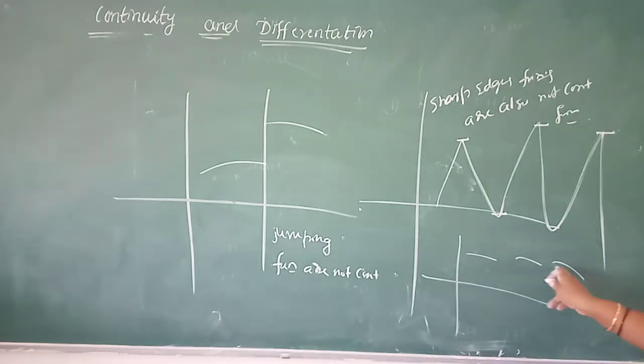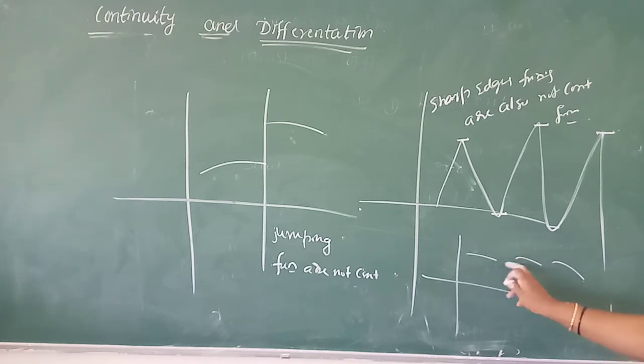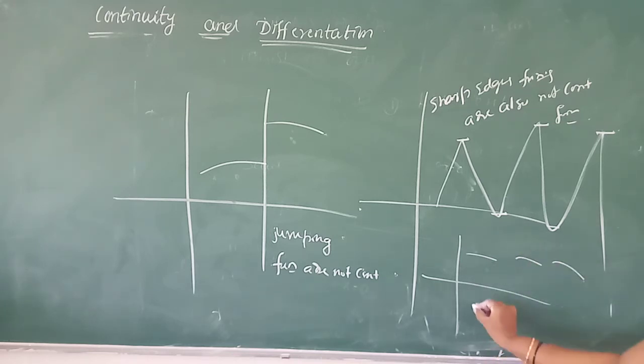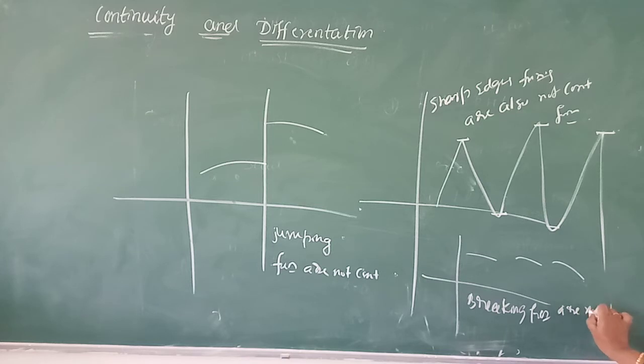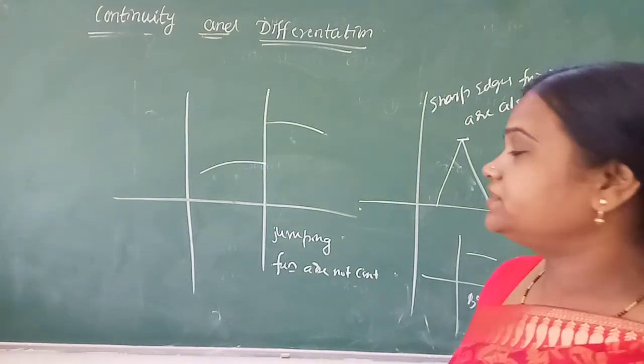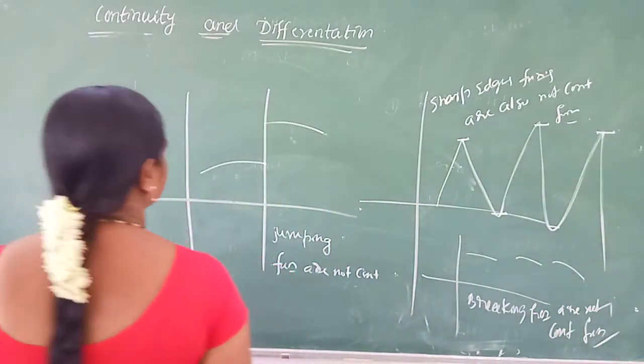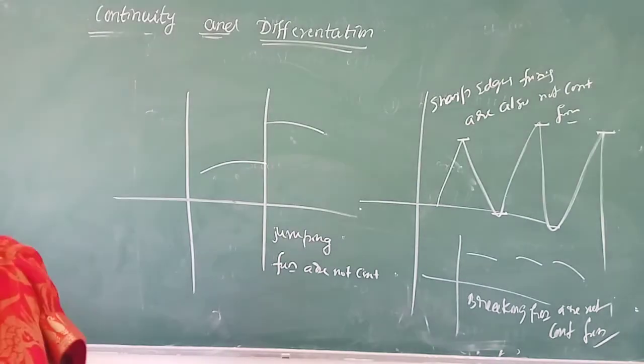Next, see the graph of this function. Is there any link between the graph? There is no link. Means we say that breaking functions are not continuous functions. Okay, remember that jumping functions, breaking functions are not continuous functions.